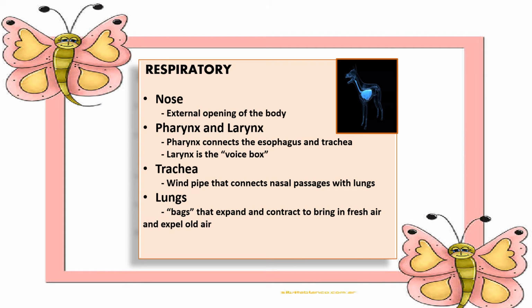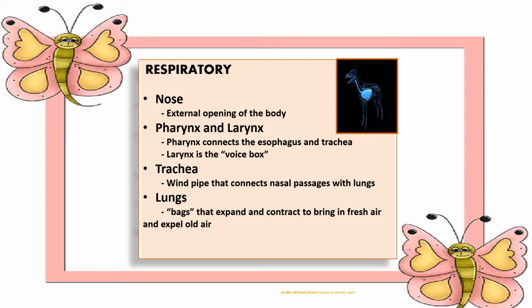First, we have the nose. The nose is where our breath passes through. Then you have the pharynx and the larynx. This pharynx connects the esophagus and trachea. The larynx, by the way, is the voice box.